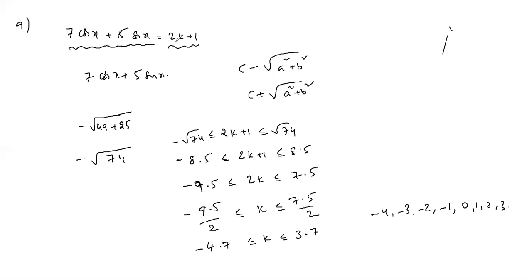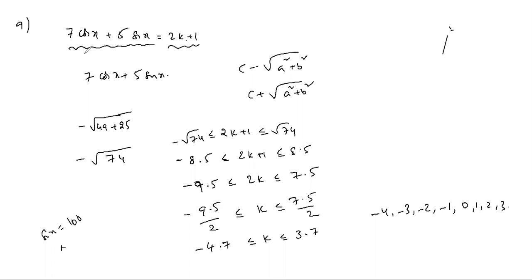For the solution to exist, 2k plus 1 also must lie in the range of this one. If 2k plus 1 is beyond this range, more than this or less than this range, both are never equal, so we won't get any solution. For example, if you take sin x equals 100, is it possible? No. So like this, we have to take only within this range.